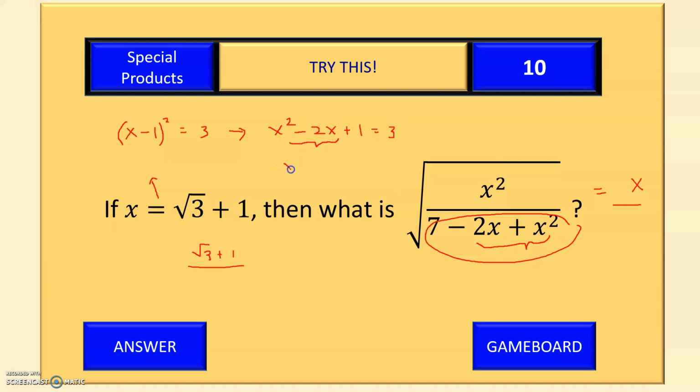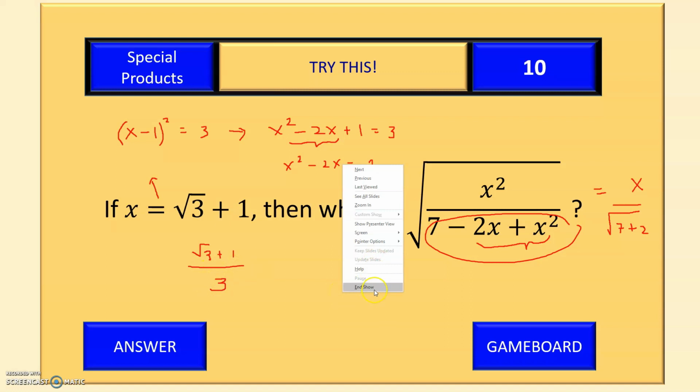See that? So meaning to say, x squared minus 2x is actually equal to 2. So therefore, this one will be just equal to square root of 7 plus 2, or square root of 9, or 3. So therefore, this is 3.